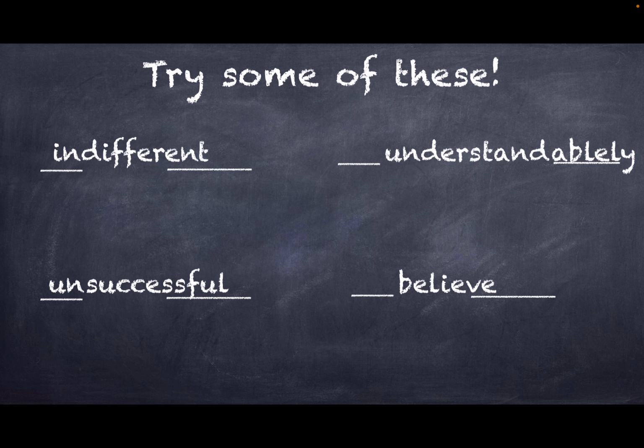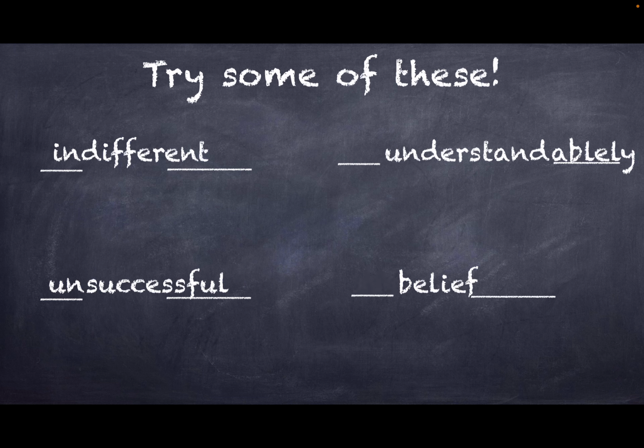All right, let's try one more example with believe. Go ahead and pause your video to think of some examples. Wow, that was fast. Great job. All right, what did you come up with? Maybe some of these examples. Did you add f to change it to the noun form, belief? Maybe you added a prefix, disbelief, not believing.